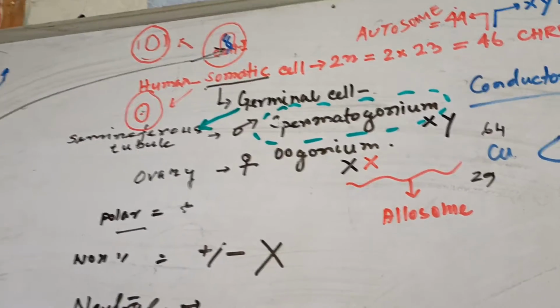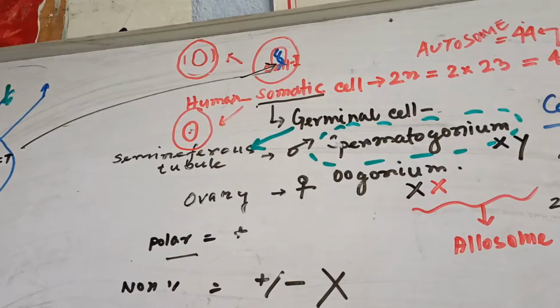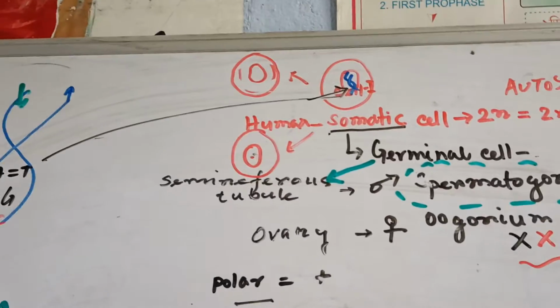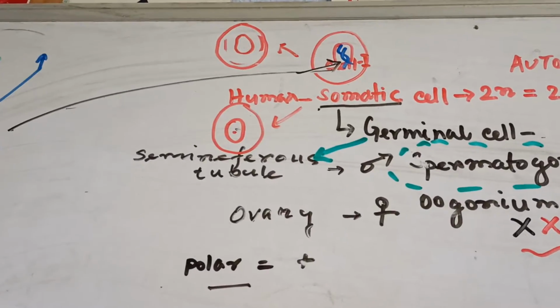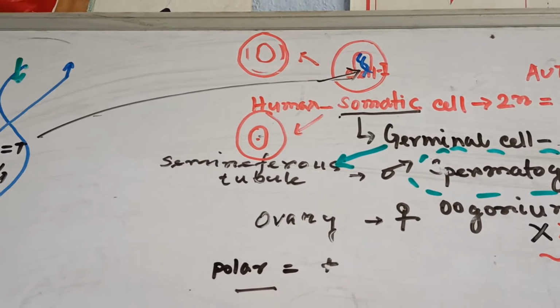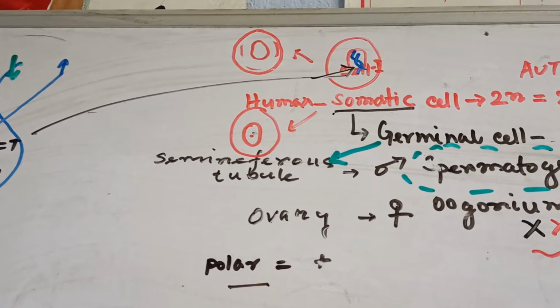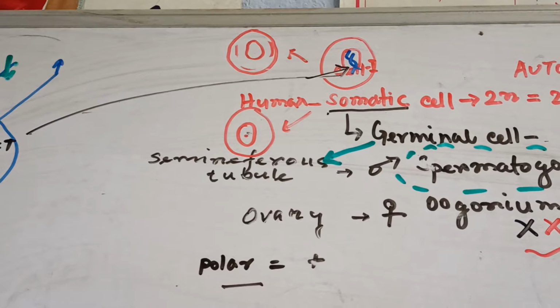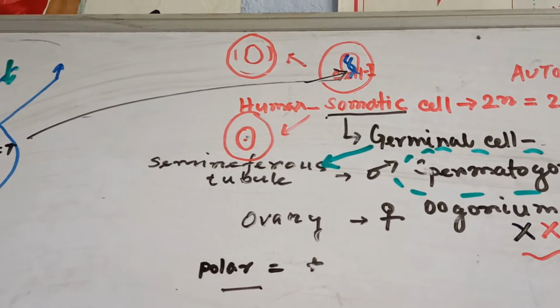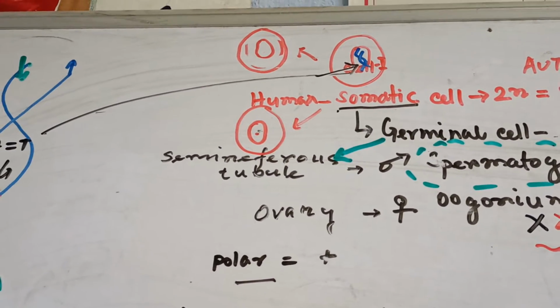So as this diagram has shown you, there is a single cell, a blue color DNA molecule encircled by a nuclear membrane.